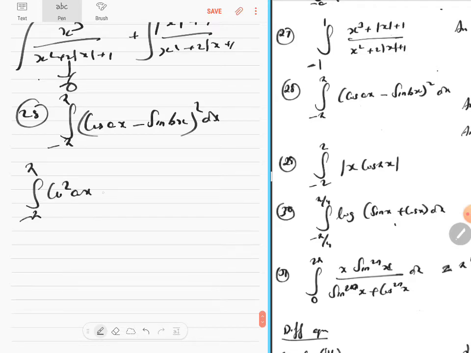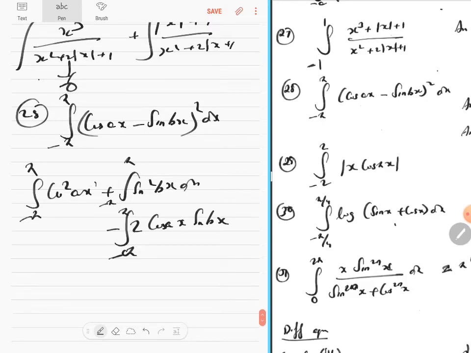cos square ax plus sin square bx minus 2 cos ax sin bx, integrated from minus pi to pi, dx everywhere. And when you do this, f of minus x is f of x, so 2 times 0 to pi cos square ax.